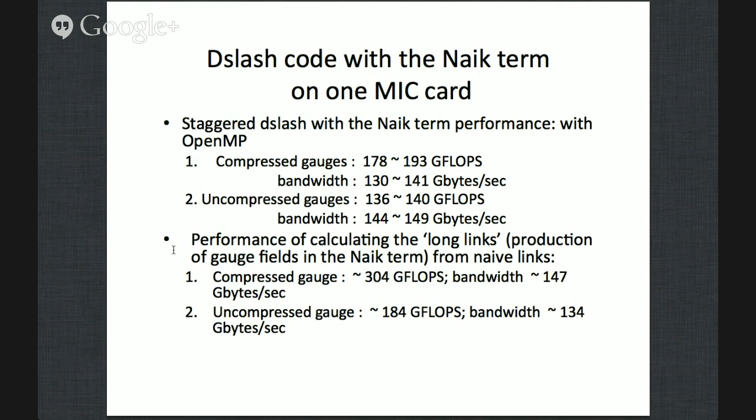We also tested the performance of calculating the long links, which is a product of the gauge links in the naive term. We typically observed around 300 gigaflops for the compressed gauge, with bandwidth around 150 gigabytes per second. For uncompressed gauge, it goes down to around 180 gigaflops, and the bandwidth also went down a little bit to 134 gigabytes per second.